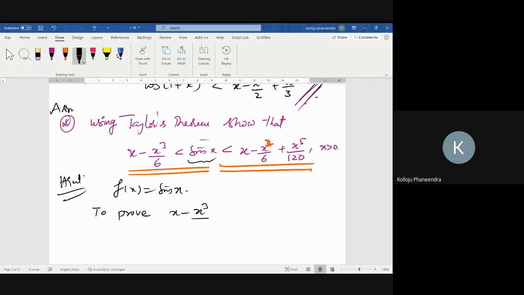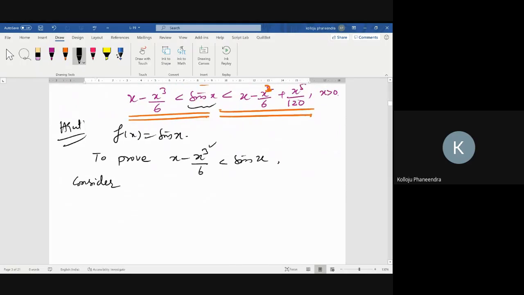x minus x cube by 6 less than sine x, consider, since it is up to cube, Taylor's theorem. Actually, Maclaurin's theorem.